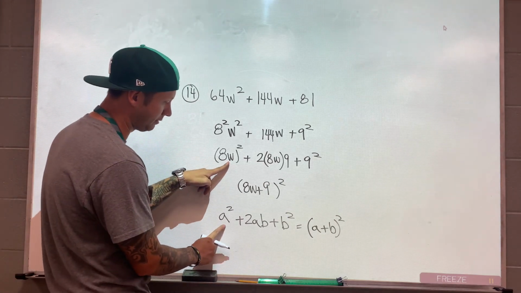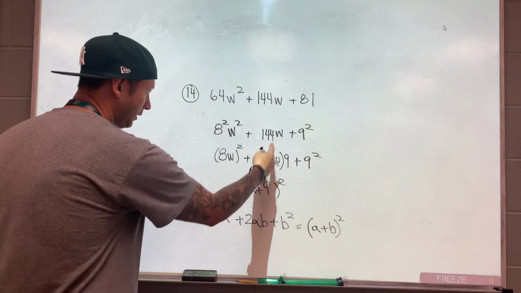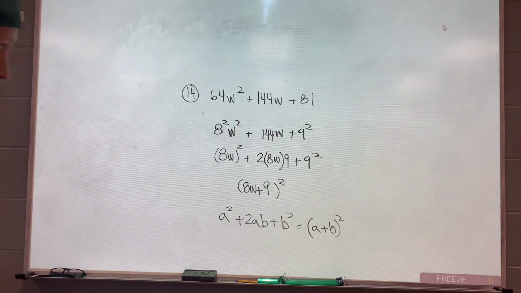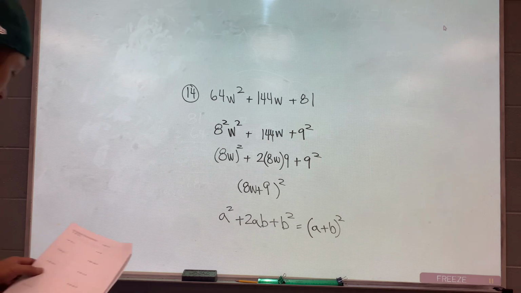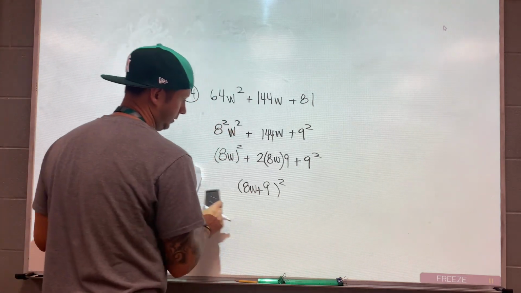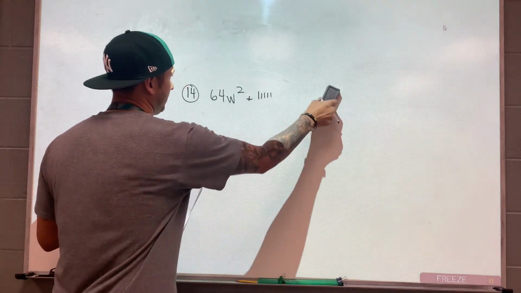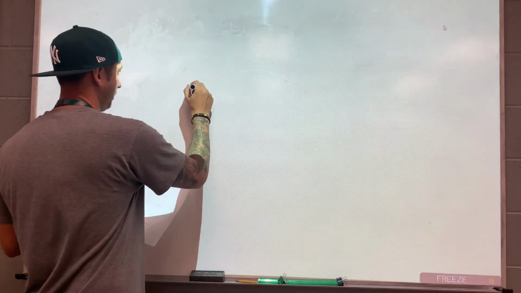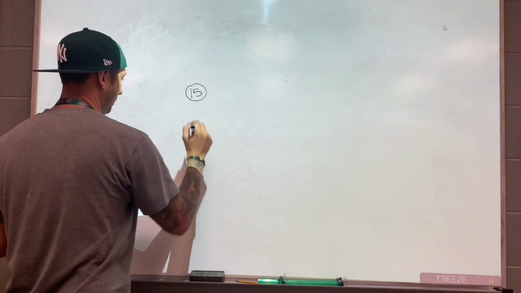This is my a, 2ab comes out to 144w, and then 9 squared. So it's the answer. Number 14. All right. Number 15.